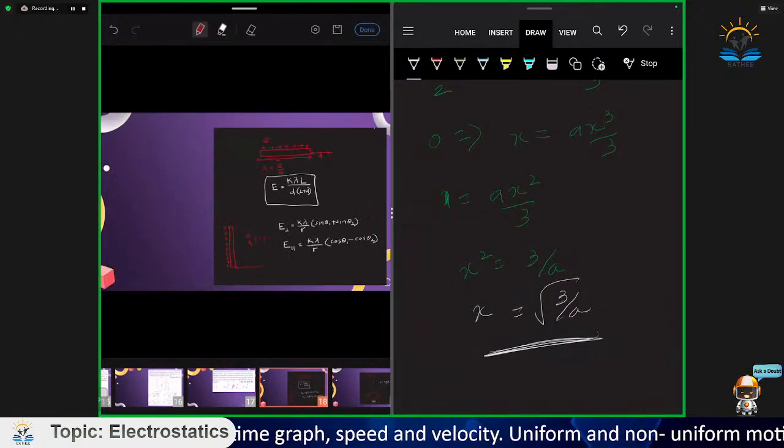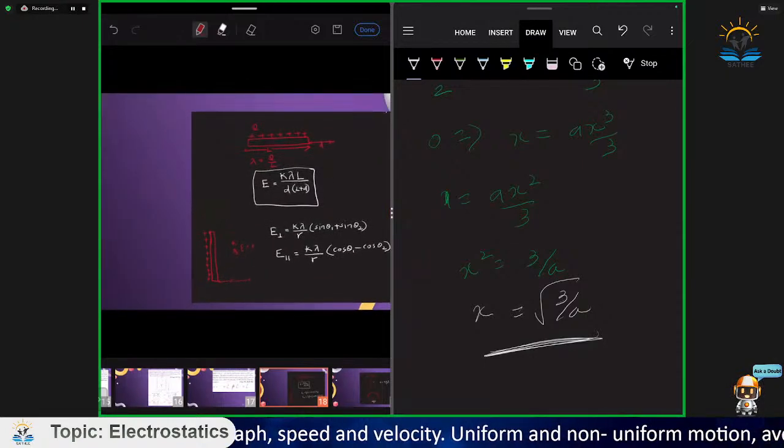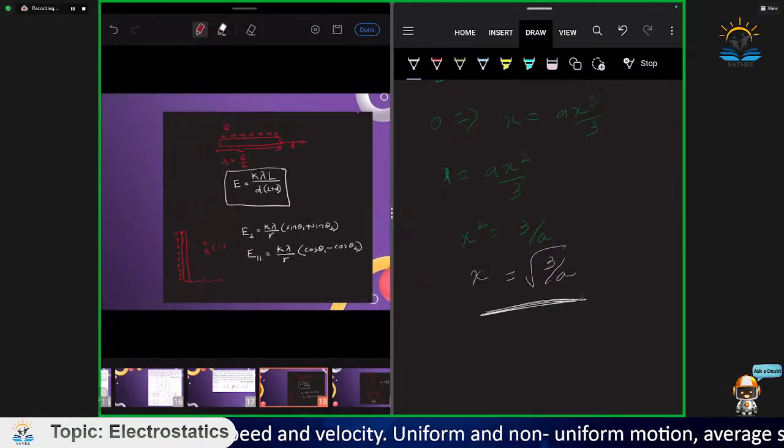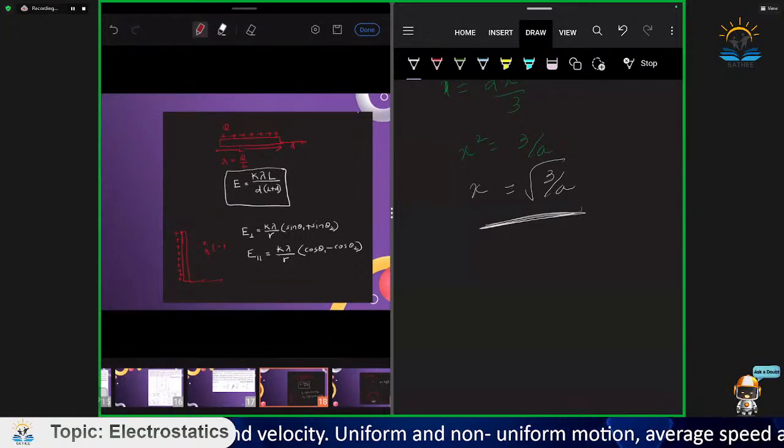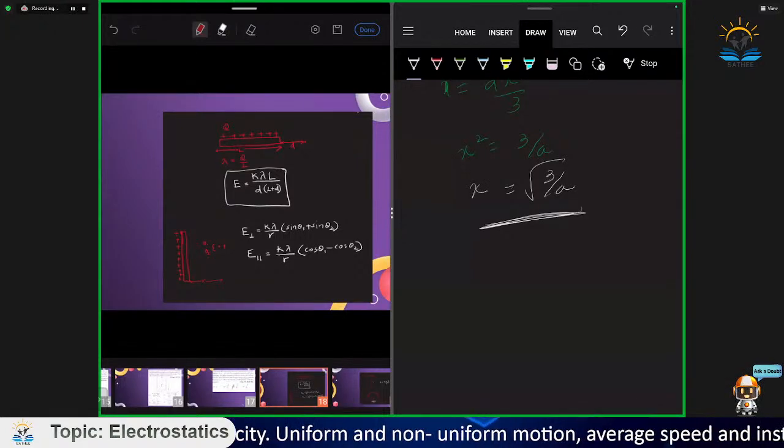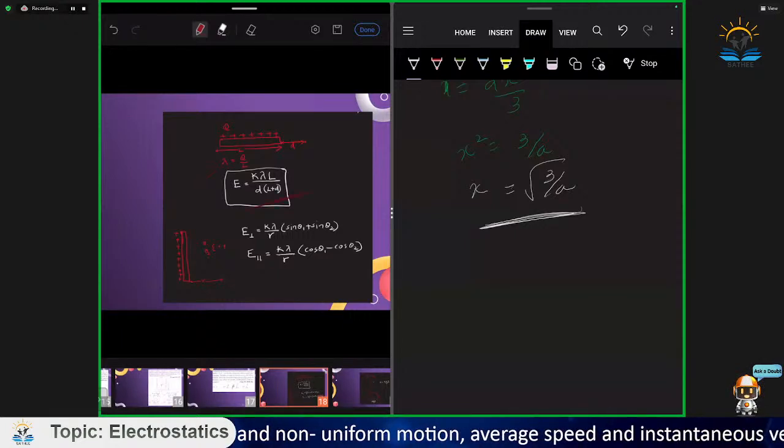Next is the electric field due to a rod having charge Q, and lambda is Q by L, that means charge per unit length. So the electric field will be K lambda L by D into (L plus D).